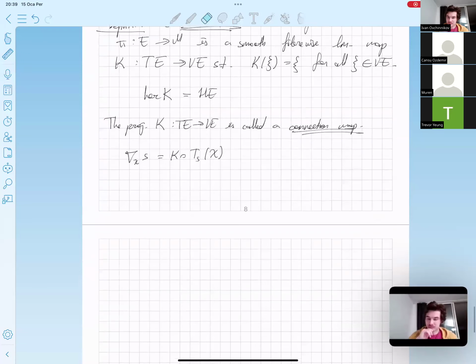So for a section s(t) in E, and the path... I wrote something here which I don't understand.